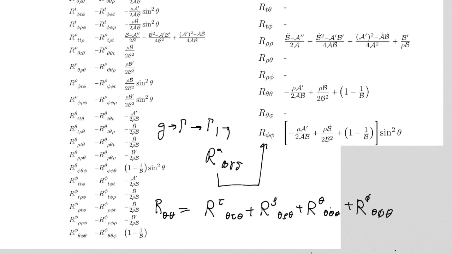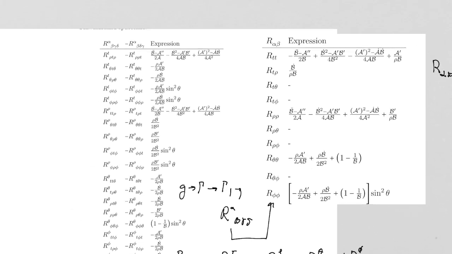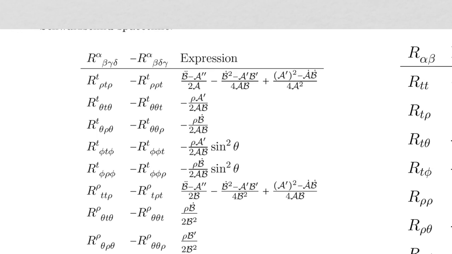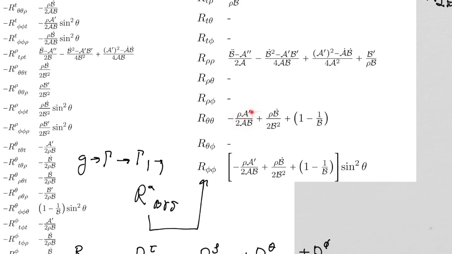Well, we look over here. R, T, theta, theta, T, theta, right? Yeah, theta, T, theta. So there it is. R, T, theta, T, theta. We don't have to swap it with a minus sign because it shows up in this first column. And it's minus rho A prime over 2AB. Let's see if that's what shows up here. Minus rho A prime over 2AB.